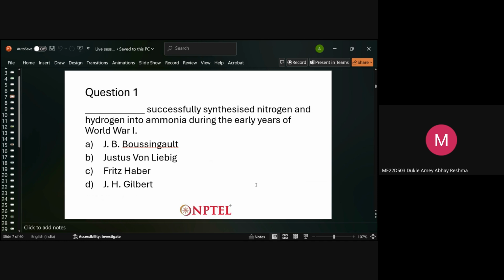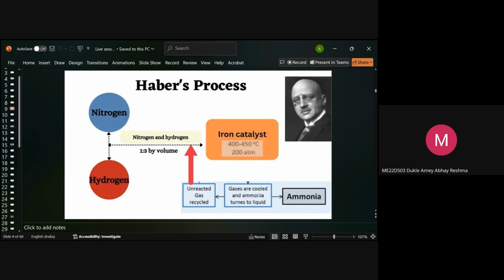The options were J.B. Boussingault, Justus von Liebig, Fritz Haber, or J.H. Gilbert. The answer is Fritz Haber. Fritz Haber won the Nobel Prize for his process, which converted nitrogen and hydrogen using an iron catalyst into ammonia.